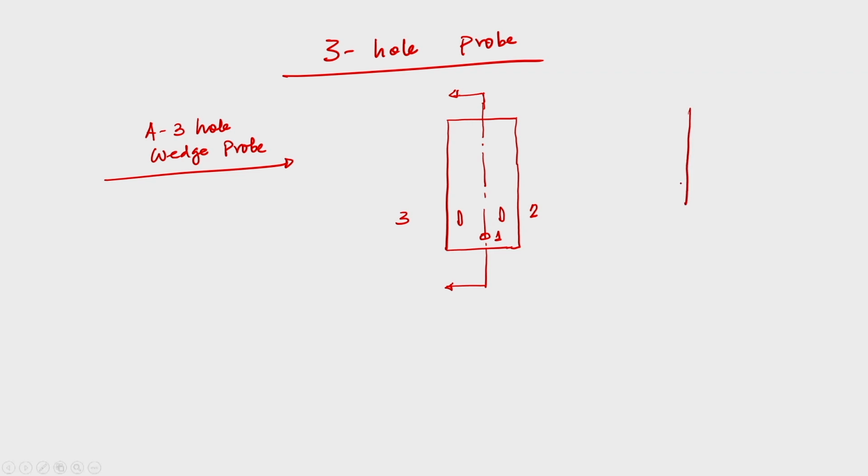Now, this is 1, this is 2, and this angle is alpha, and this is known as the yaw angle.